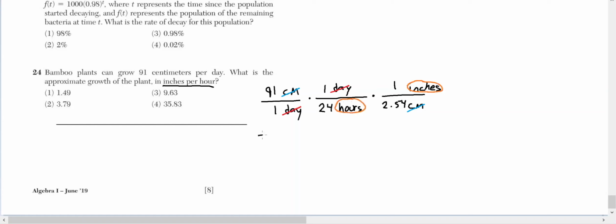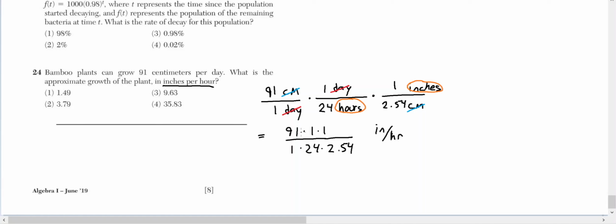So at the end of this, we have all of the numbers, just multiply straight across. 91 times 1 times 1, all over 1 times 24 times 2.54. And now we just have to equip the units, which are the surviving units of inches divided by hours, inches per hour, which is the target.